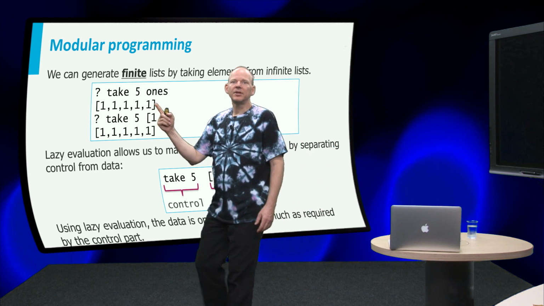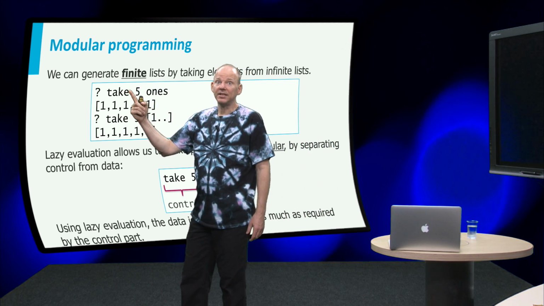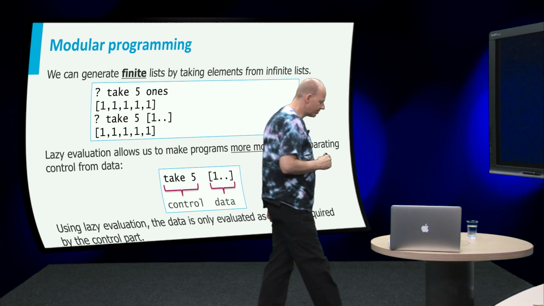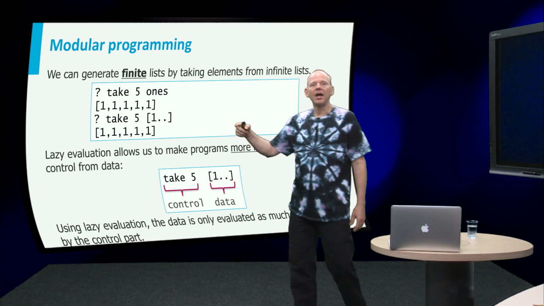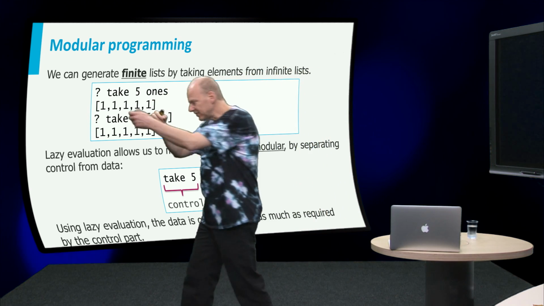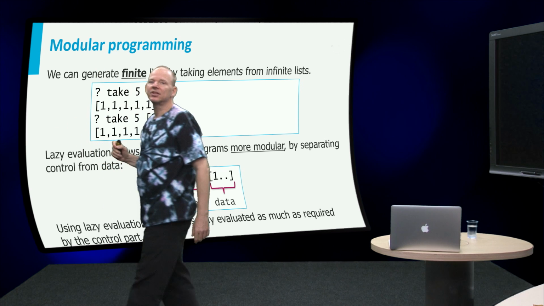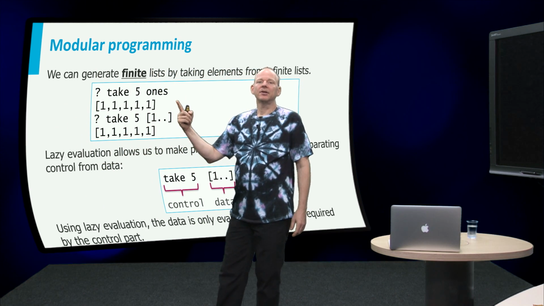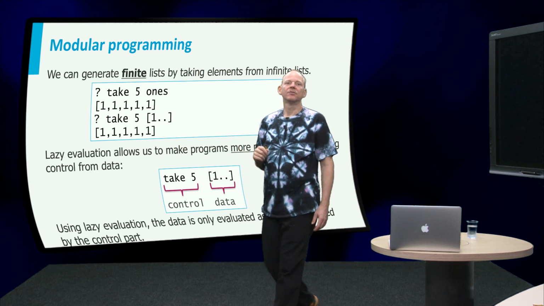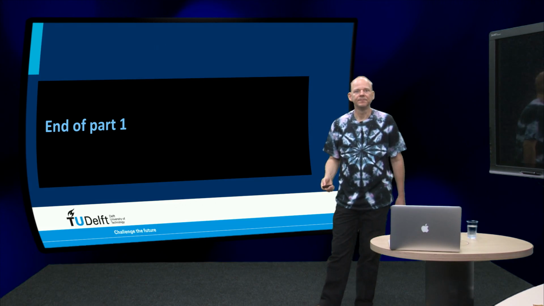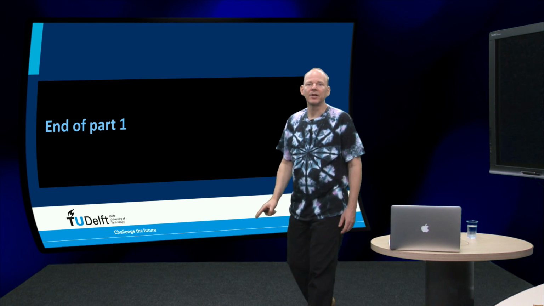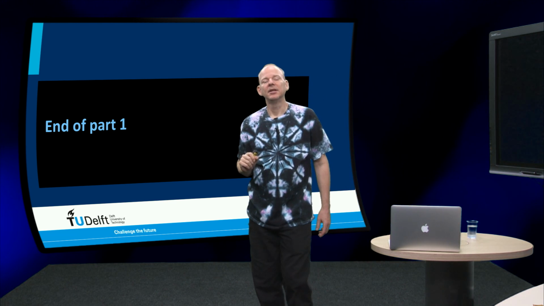And again, the reason is that we have seen that take was defined by induction over the structure of the list. So every time that take pattern matches on that list, it is evaluated just enough to get the next value, such that we nicely terminate here. So this is the end of part 2 about lazy evaluation, and see you in a few minutes.